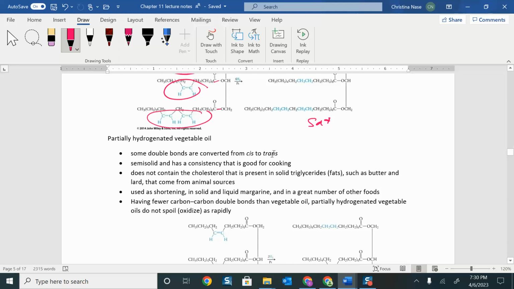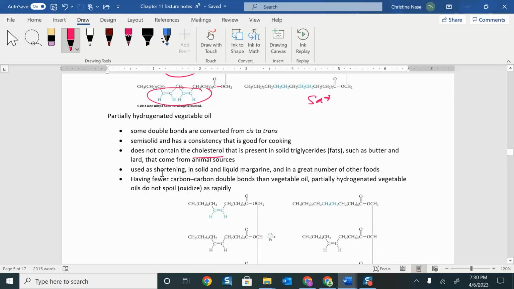You may have heard that those are bad. When you partially hydrogenate some of these oils, you get a semi-solid consistency, which is generally good for cooking. The consistency is more like a saturated fat, but since it doesn't come from animal sources, you don't have the cholesterol in it. When you get saturated fats from animal sources, they're going to have cholesterol, and that's bad. You don't want to have too much cholesterol.